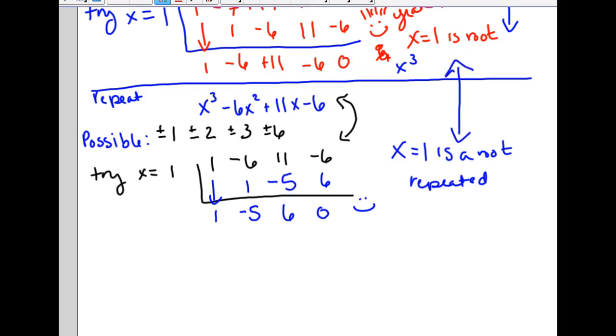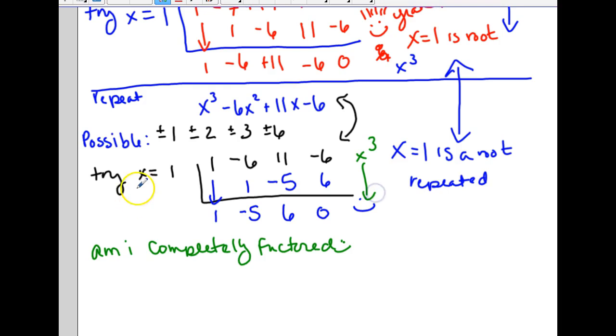Okay. Am I completely factored? That's what you're going to ask yourself. Am I completely factored? Well, I'm not. I know you're sad. This was an equation in x cubed, but when I divided out an x, this is x squared.